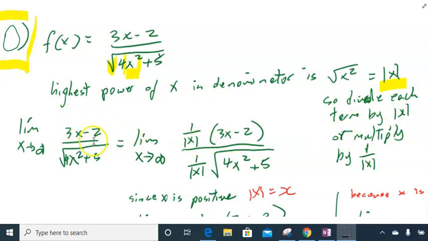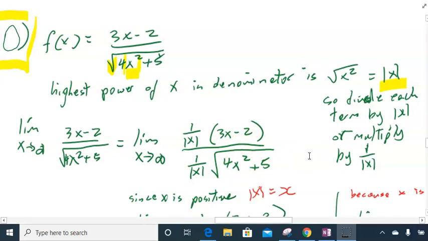Okay, so here's how we're going to write it. The limit as x approaches infinity of 3x minus 2 over the square root of 4x squared plus 5 equals the limit as x approaches infinity of 1 over the absolute value of x times 3x minus 2, over 1 over the absolute value of x times the square root of 4x squared plus 5.